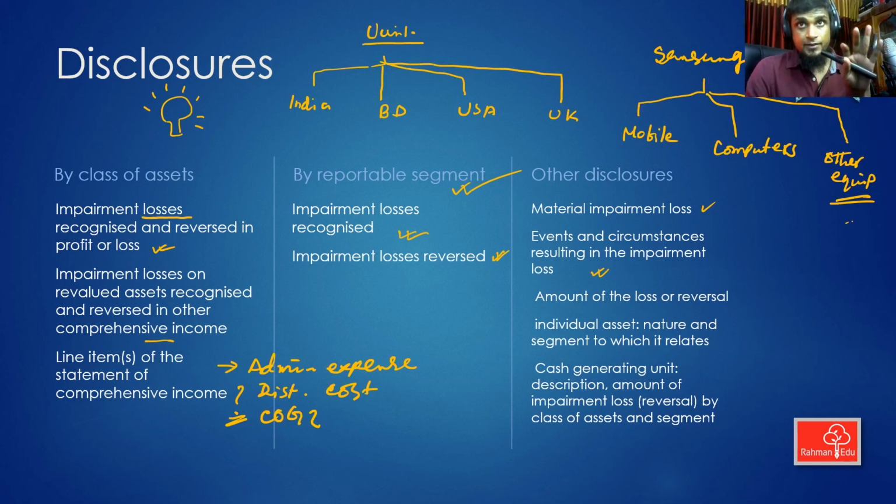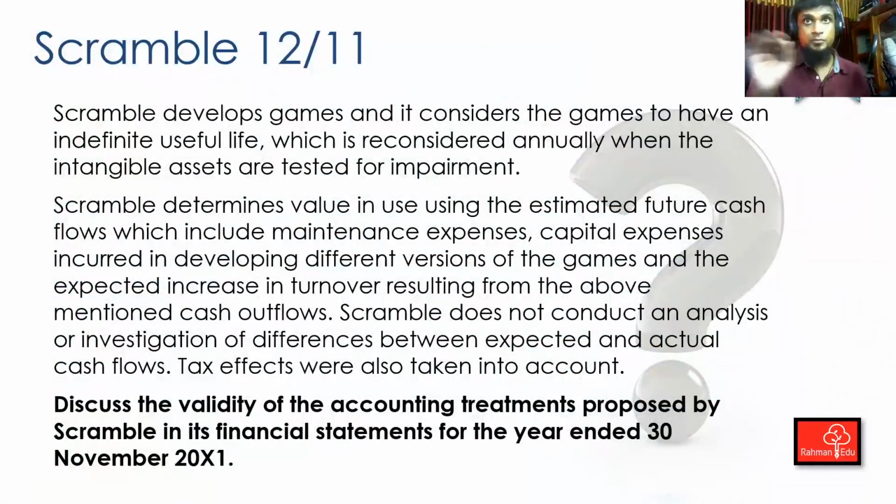Good. Let's go to some practice questions. Here we have a question, Scramble 2011. Scramble develops games and it considers the games to have an indefinite useful life, which is reconsidered annually when the intangible assets are tested for impairment.